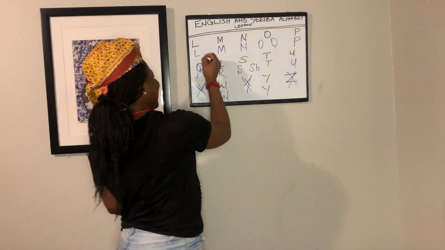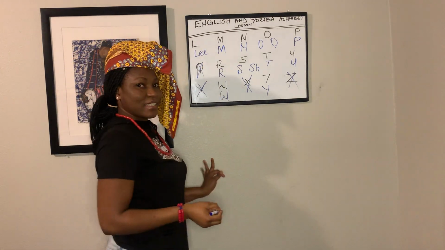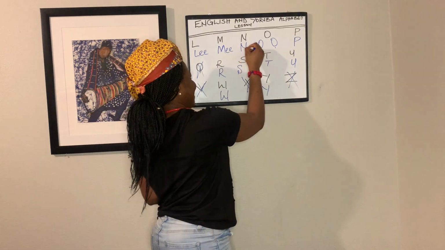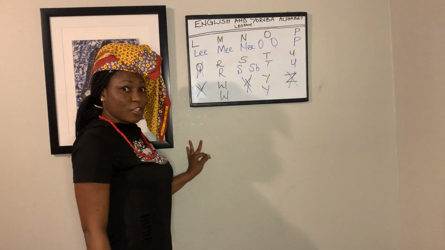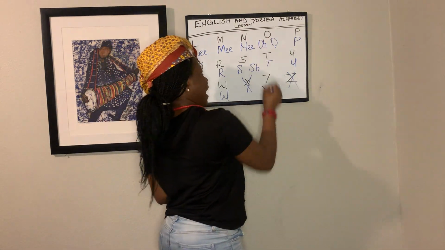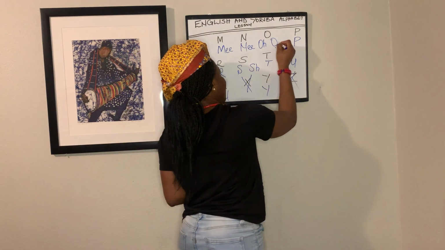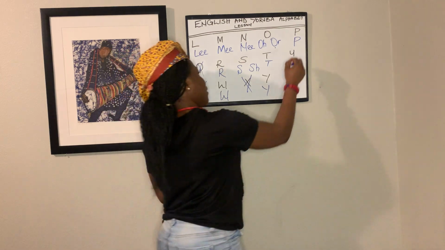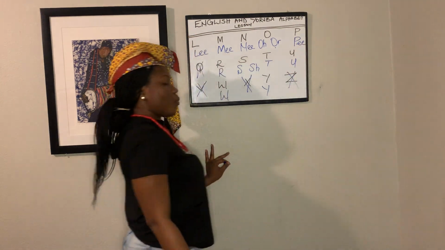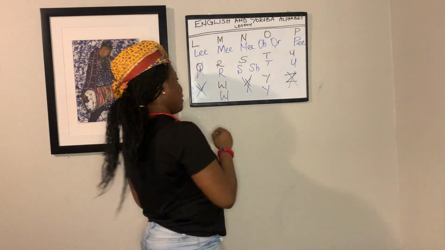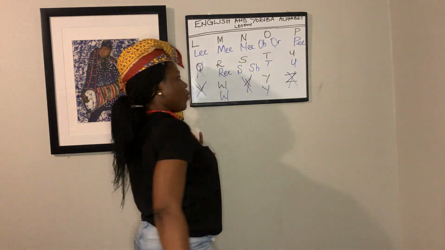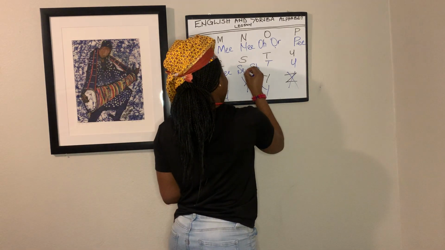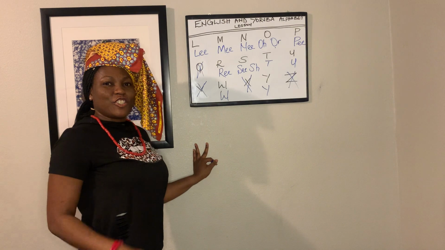L is Li, M is me, N is Ni, and O, the first one is O, and the second one is pronounced as O. We have our P as P, our R as R, our first S as C and the other one as she.